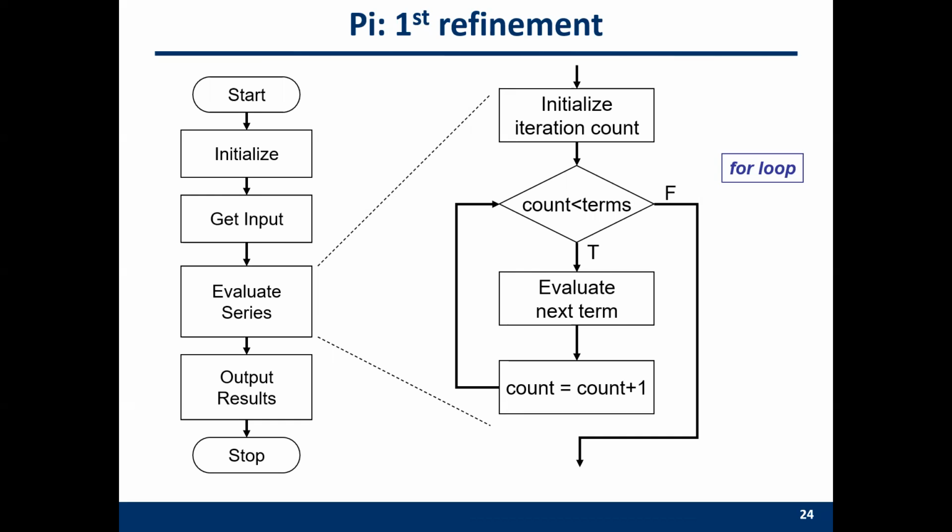First, we can initialize the iteration counter. If the counter is smaller than the number of terms, then we will do the computation inside the loop. Otherwise, we can just stop.